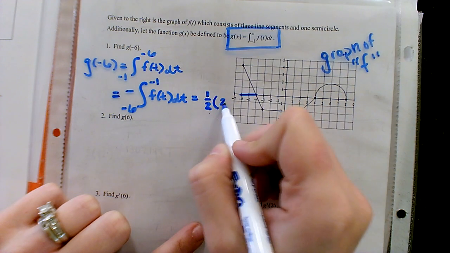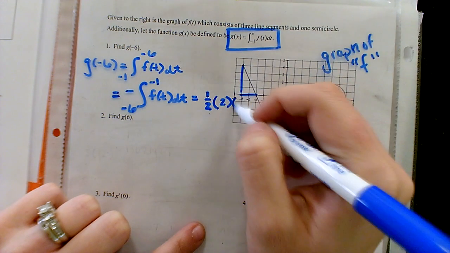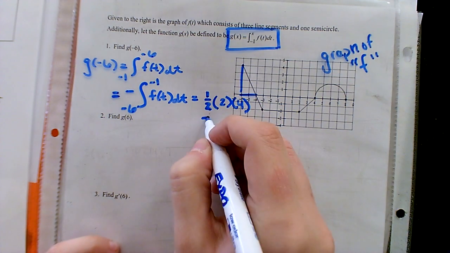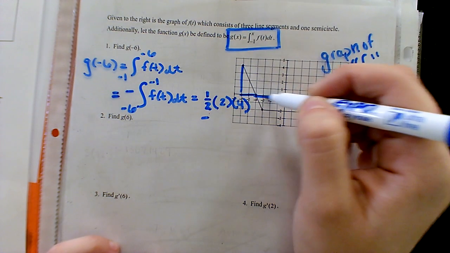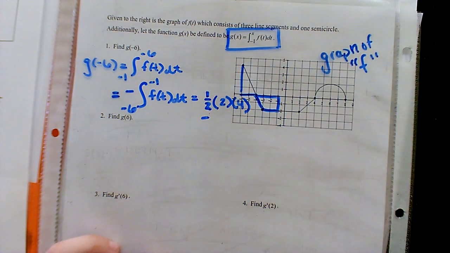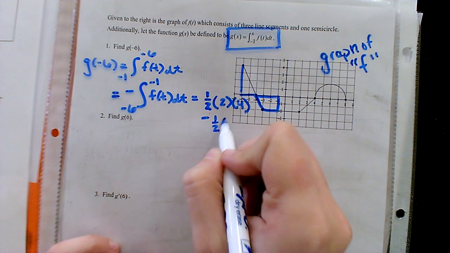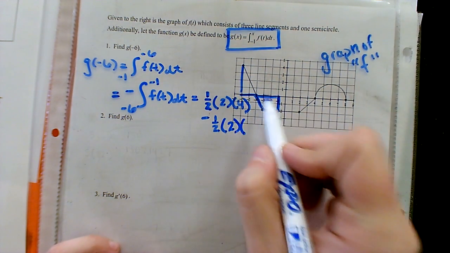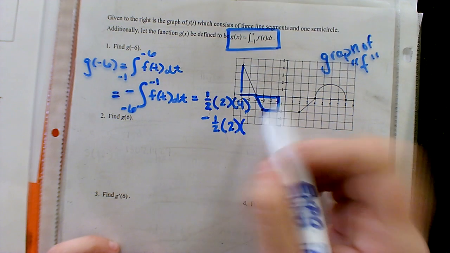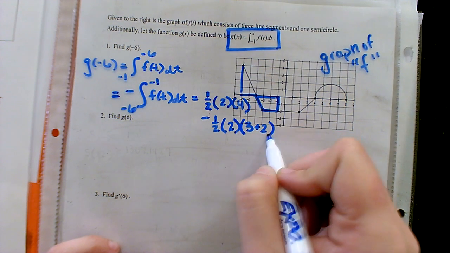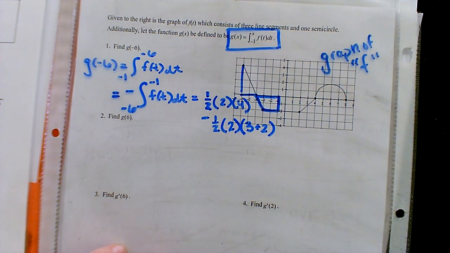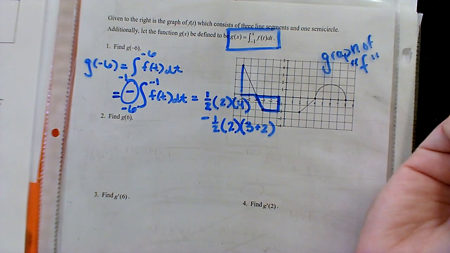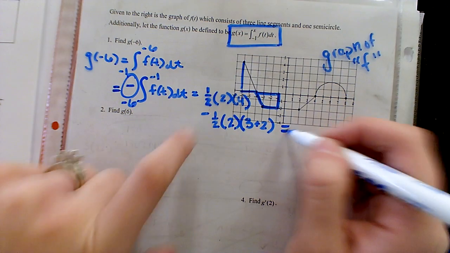So 1/2, the base is 2, height is 4. We'll then have to subtract the area of this trapezoid. So 1/2, the height is 2, and the parallel base lengths are 3 and 2. Whatever number we get from this, we're going to have to make it the opposite since we switched the bounds.